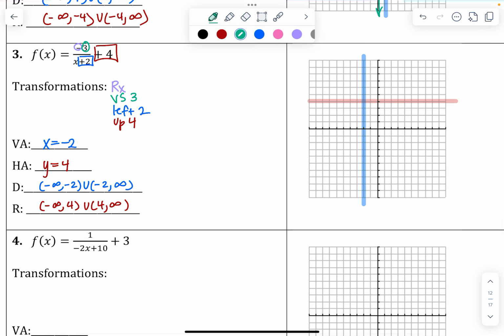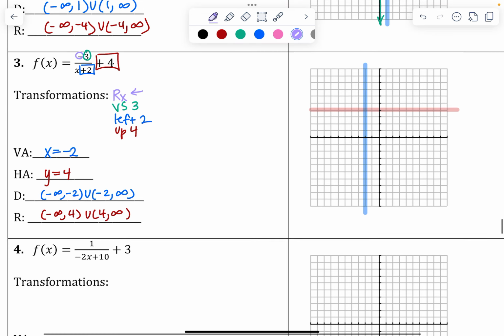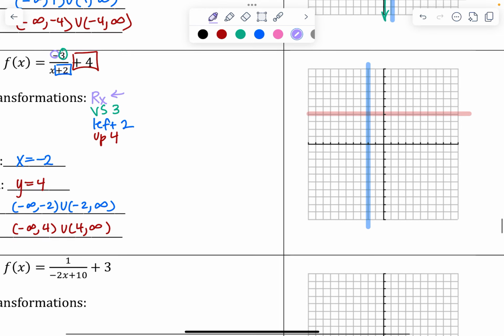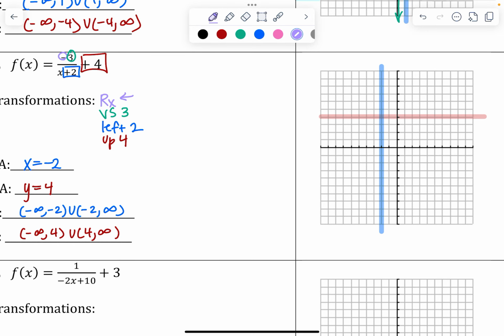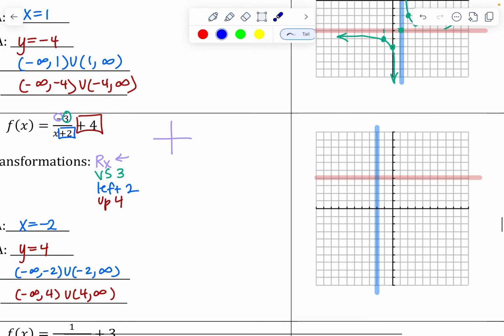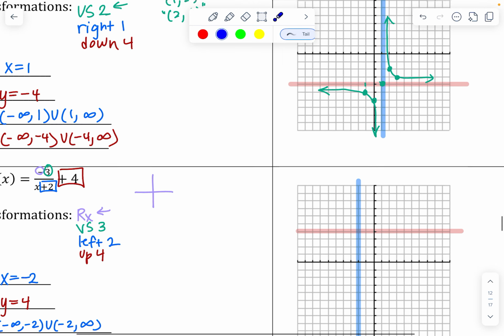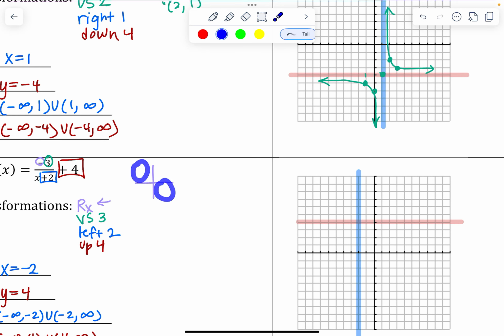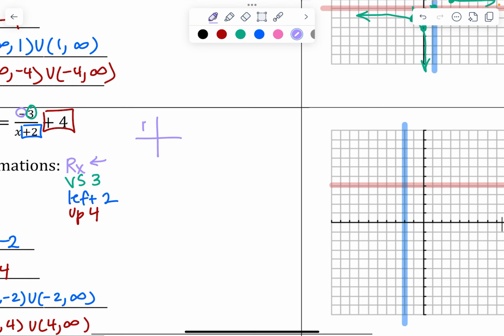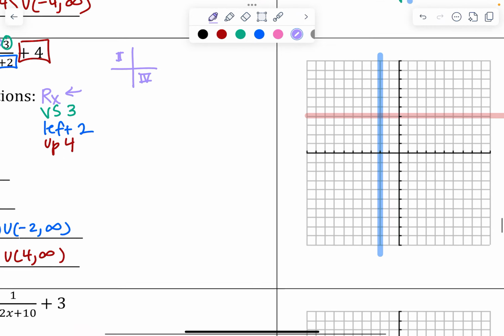Okay, so we talked about the vertical stretch by 3 with the reflection. A reflection over the x-axis actually does the same thing as a reflection over the y-axis, so you don't really have to specify or understand the difference. Just know that if you have a reflection, instead of being in quadrants 1 and 3, which is the default, we're actually going to be in quadrants 2 and 4. That puts your branches in the opposite quadrants.